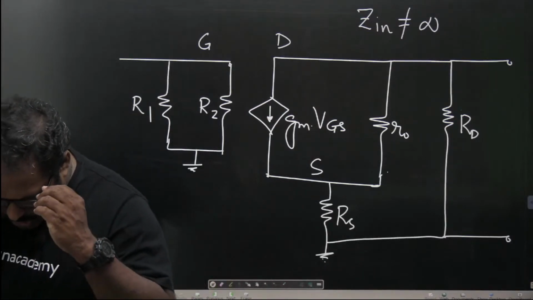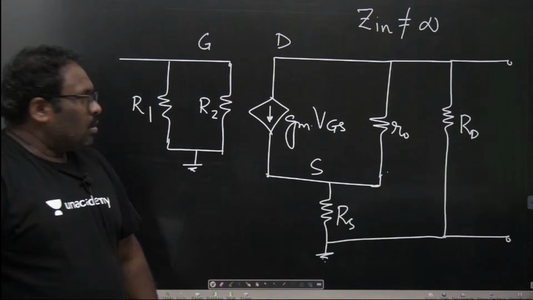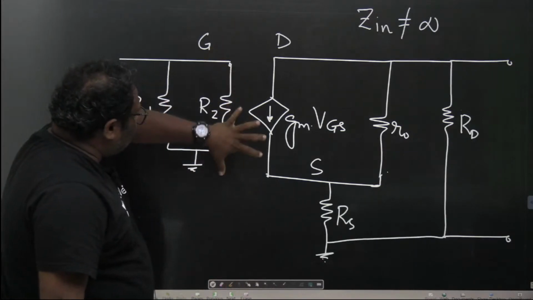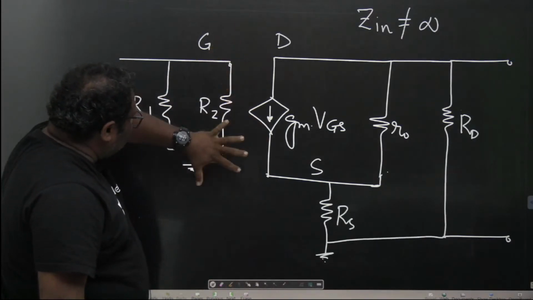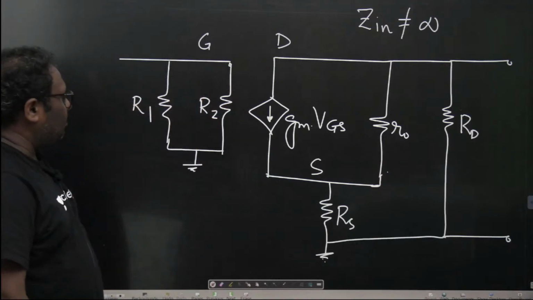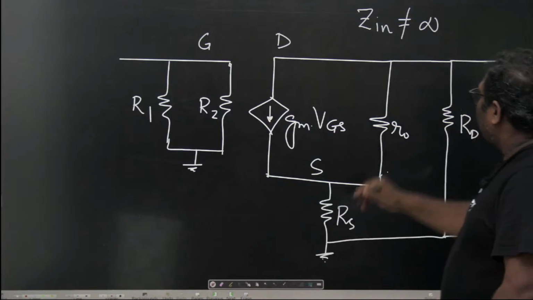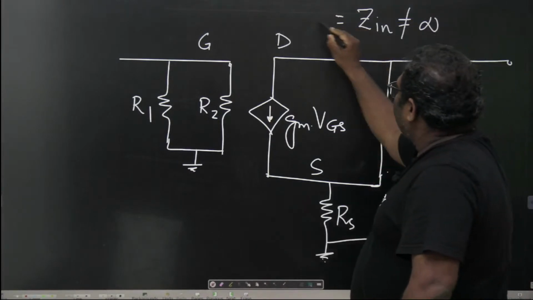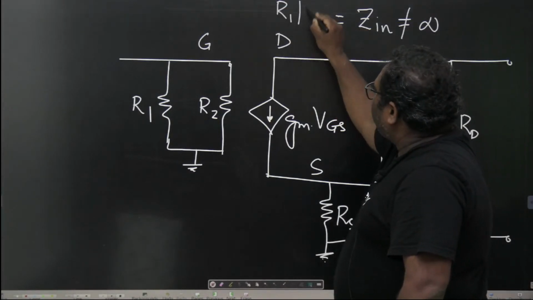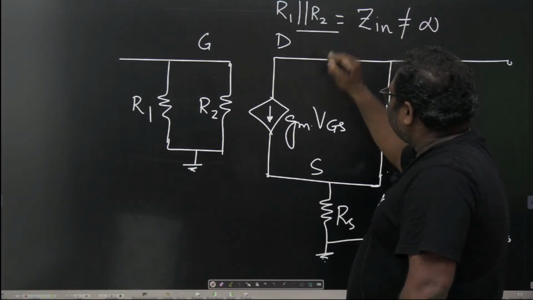Hi Venkatesh, hi. So if you consider the input impedance, which was infinity without the biasing resistors, it is not infinity now. It is supposed to be R1 parallel to R2.